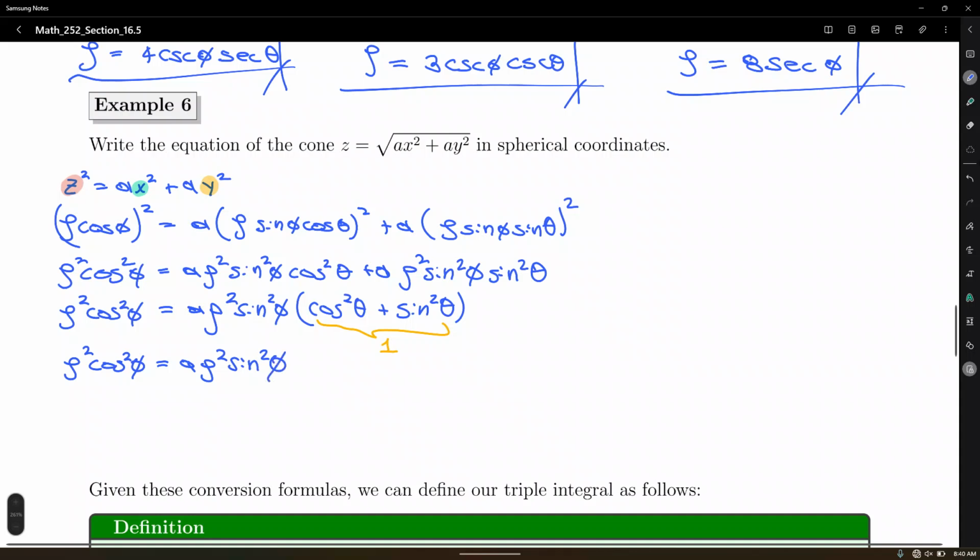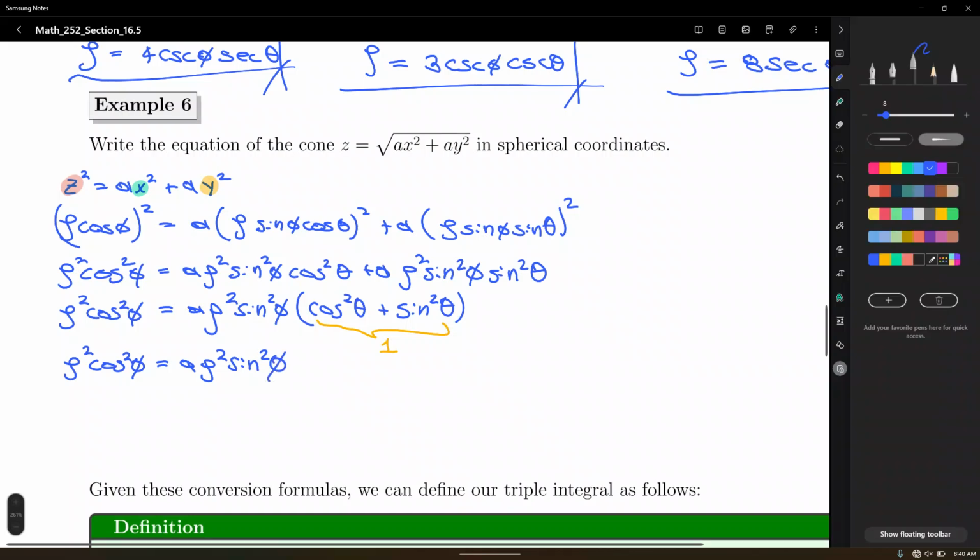And in this case, how about we divide out the rho squareds? That's going to leave us with the relation cosine squared phi equals, what's that? A sine squared phi. Oh, don't forget the a.